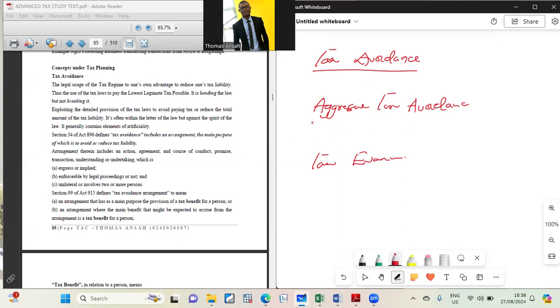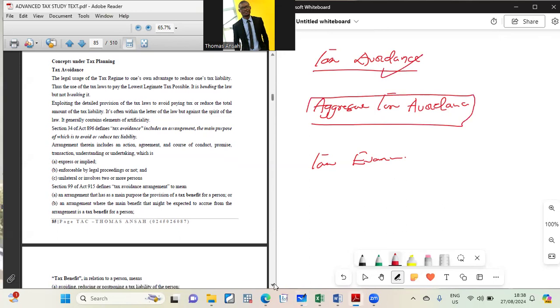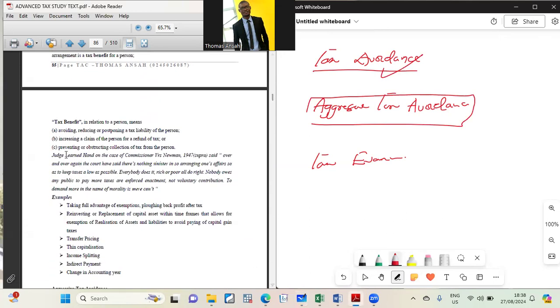Then we have aggressive tax planning. In fact, with this one, there is a popular quote by Judge Leonard Hunt that I love quoting. It's a simple quote. There was a case, Commissioner versus Newton, in 1947, in the UK.